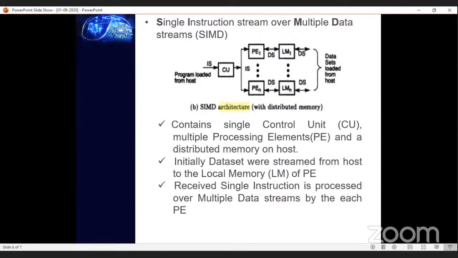So what is going on? A single instruction is operated over multiple data streams. That is what is called single instruction over multiple data stream. SIMD is mainly exploited by vector computers.